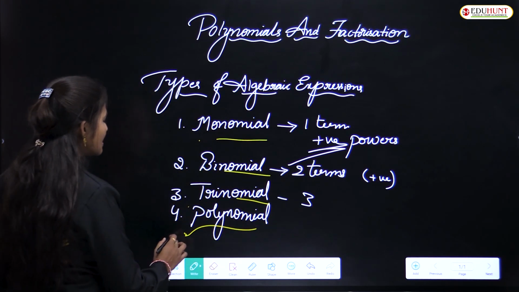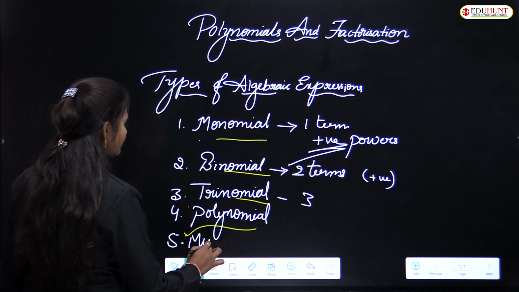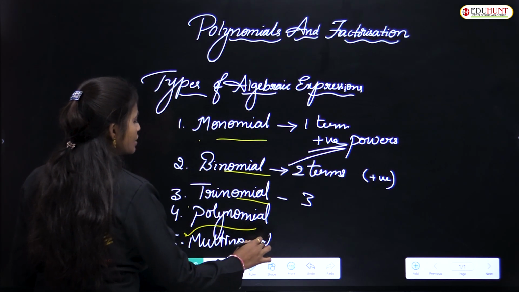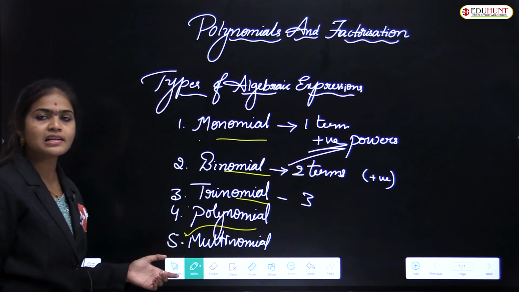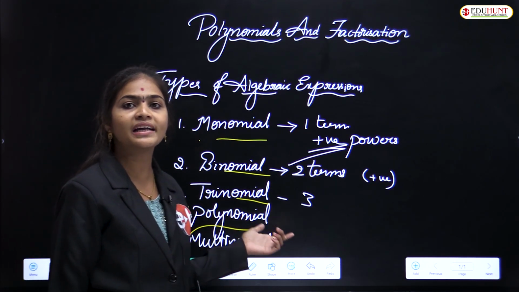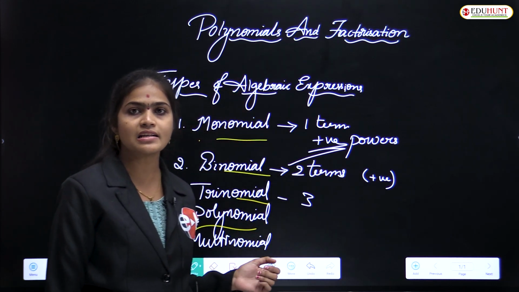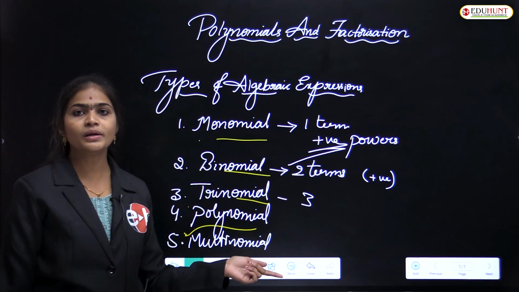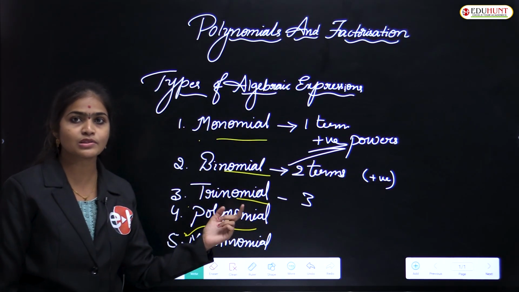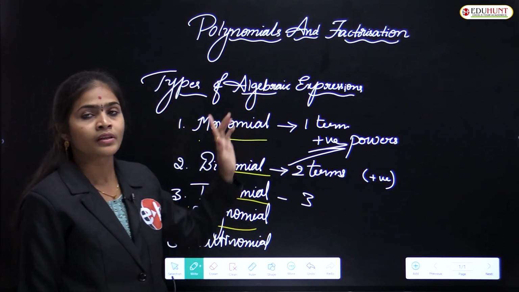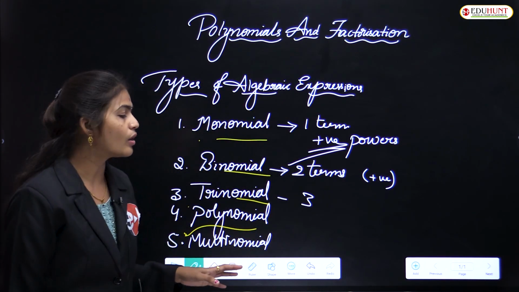The next thing is a multinomial. A multinomial is also just like a polynomial, but here the powers may be positive, or negative powers may also be there. In a multinomial we can have negative powers also. I will give you examples while I am explaining polynomials.